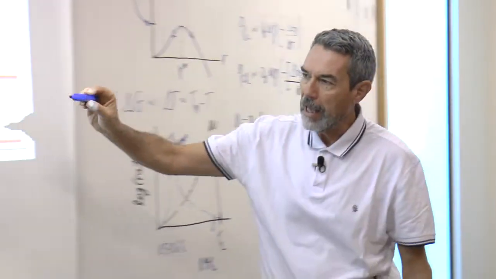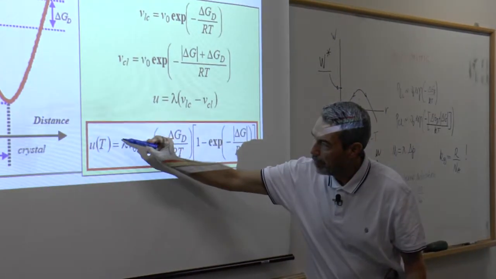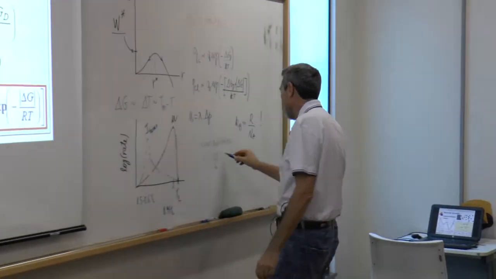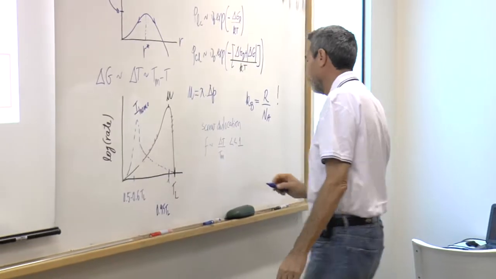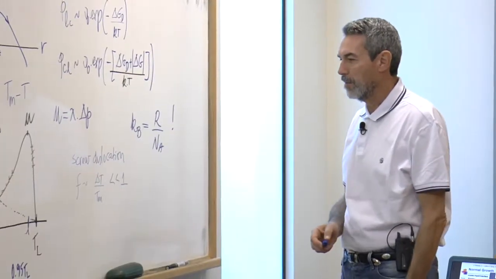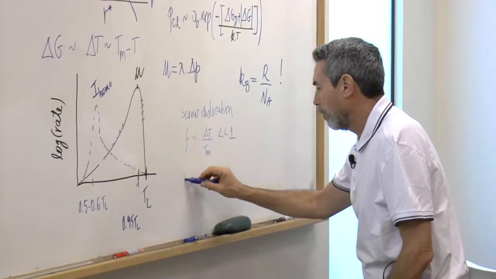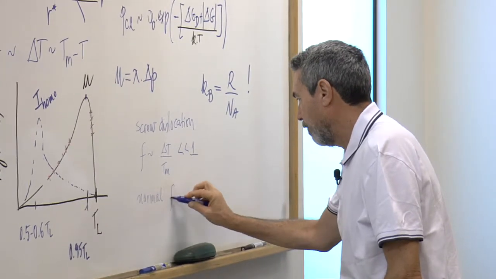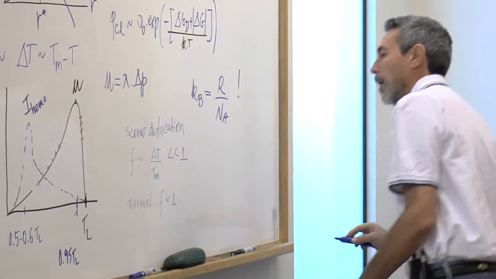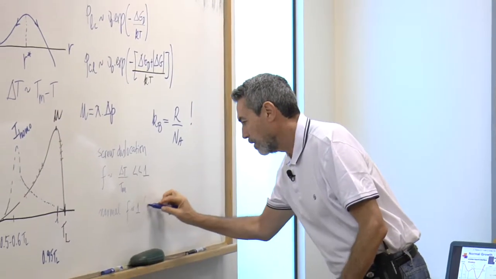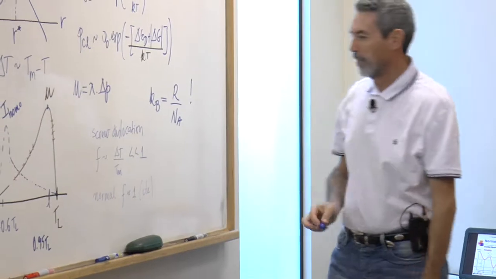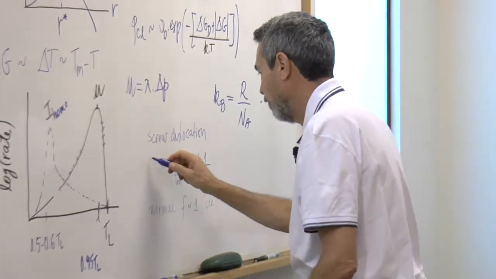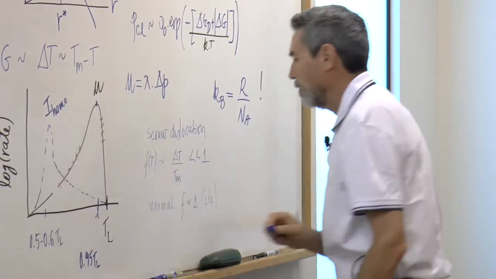There is a multiplying factor F, which is temperature dependent, and this is normally smaller than 1 for screw dislocation. For normal growth, F is close to 1 and constant, it does not depend on the temperature. Here, for screw dislocation, F depends on temperature.